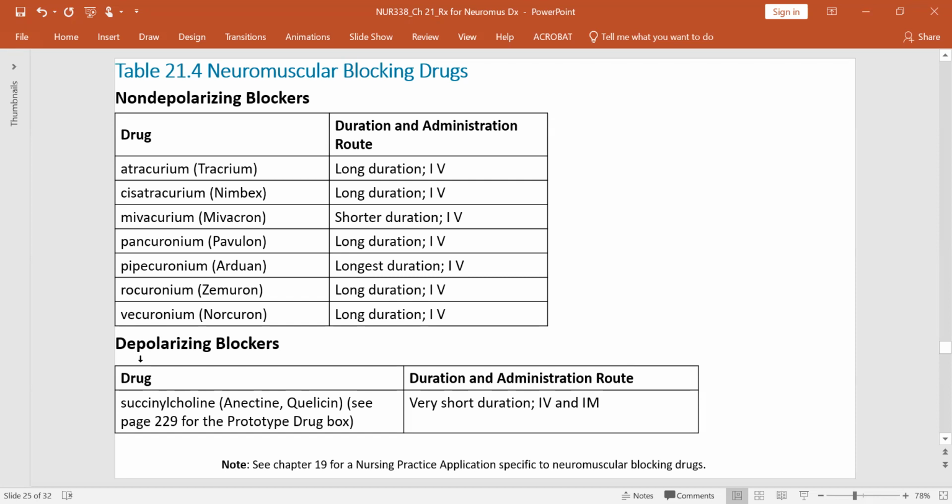Although not preferred for mechanical ventilation or ET, small doses of these drugs may be used for intermediate surgical procedures. By intermediate surgical procedures, we mean those that may last for an hour or 2, or 1 hour 30 minutes.